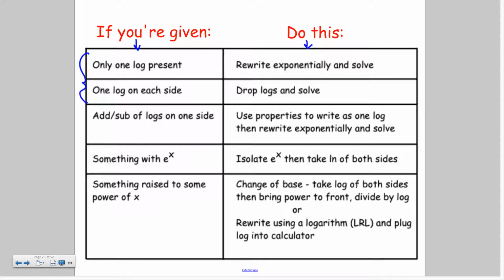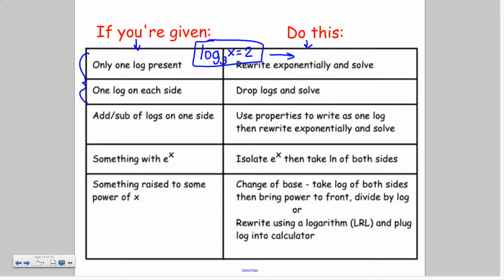We will have a log on one side. So, for instance, log base 3 of x is equal to 2. Okay, that's what that one looks like. Whenever we do this one, we're going to rewrite it in exponential form, which is practice, left, right, left.